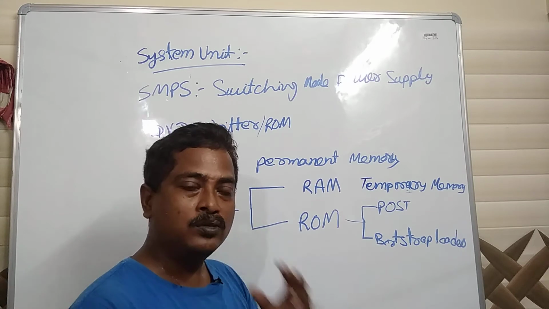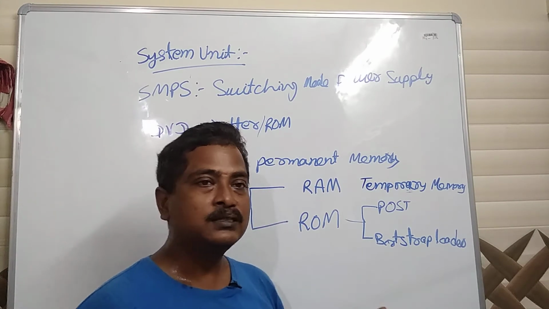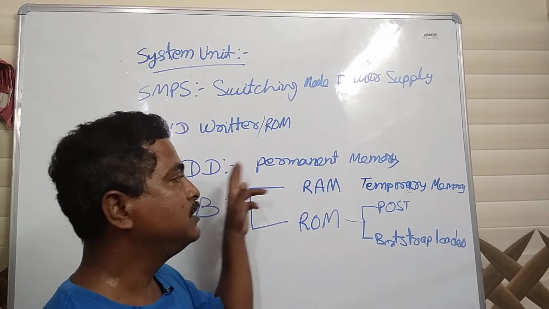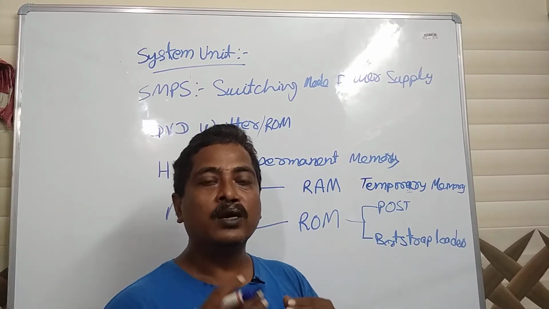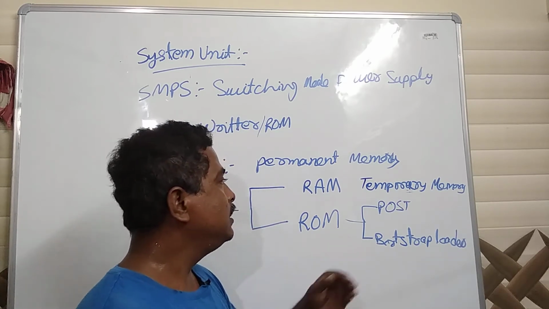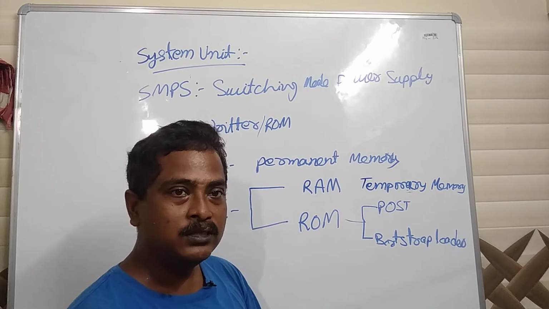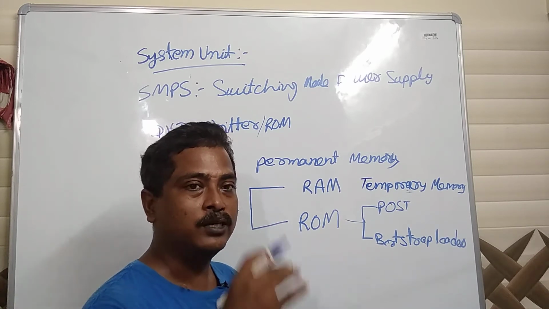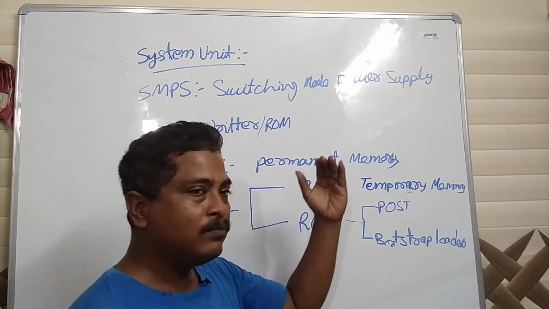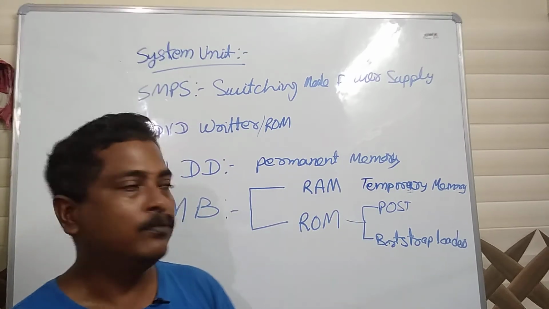Our input and output devices are not accessing the hard disk drive, that is permanent memory. Whatever we are connected with, that is the RAM. From the keyboard, whatever information is going, that is going through RAM only, and whatever information is coming, that is also coming through RAM only.